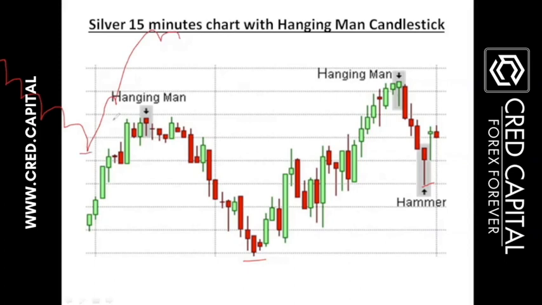The lower lows are called the support level in the market. When the market is falling, these are called the support level, and when the market is rising, these are also called support levels. Different formations will take place, and different support levels of the market will also form.